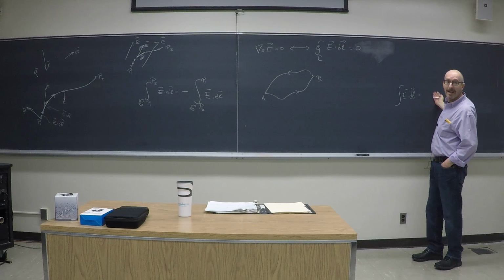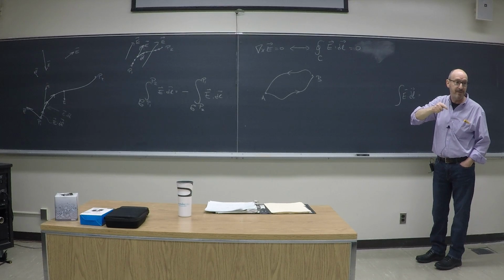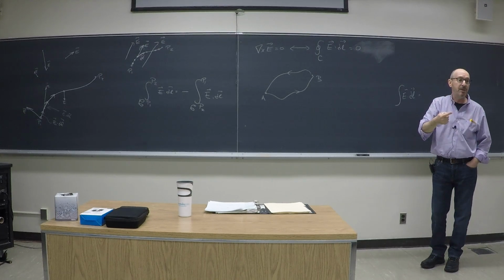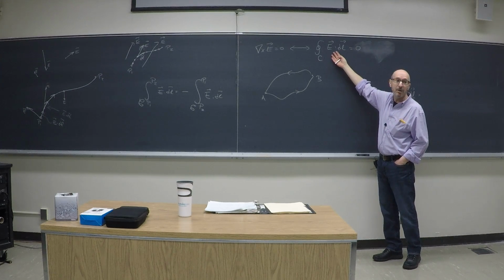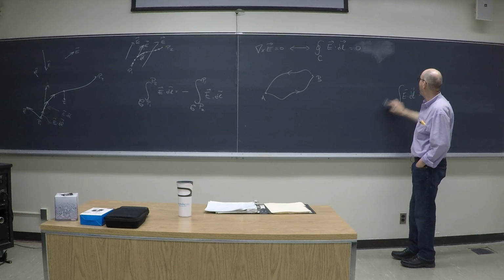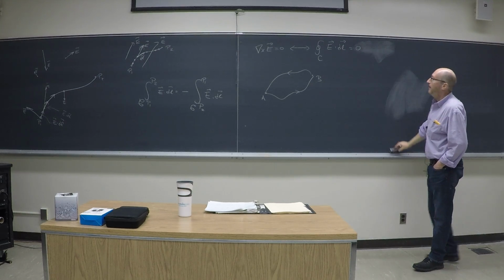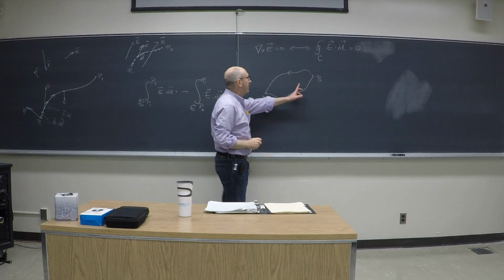Because not only the integral on the surface, but the curl itself is equal to 0, the integral on the surface is equal to 0, and then Stokes' theorem tells us that this is equal to 0. That's the reason.